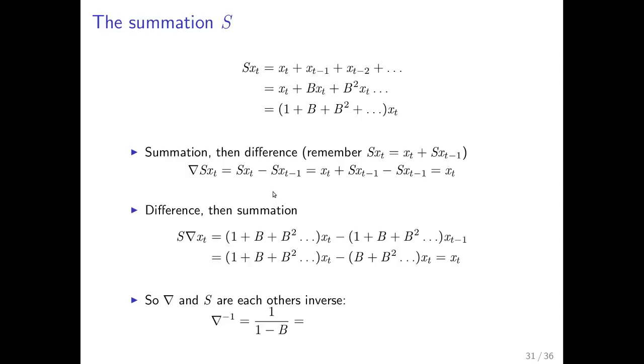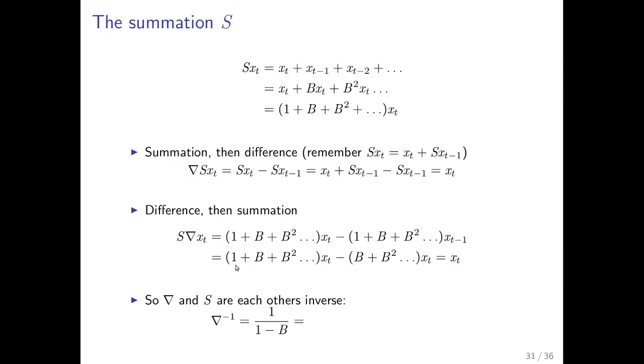We proved it one way. If you do the other way around, first the difference and then the summation, we end up having the same thing. We have the infinite number of elements here, but we have to keep track of all the powers. And here we have an xt minus 1, which means we can change that, and we have a B here that we can multiply in everywhere to get to this down here.